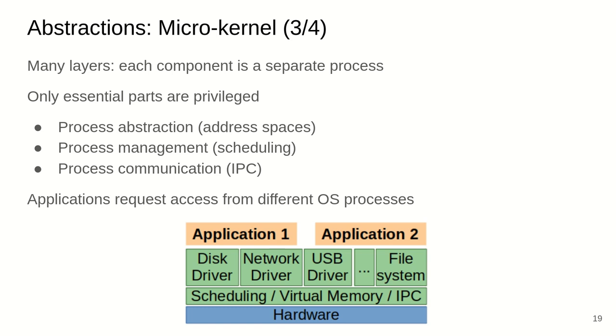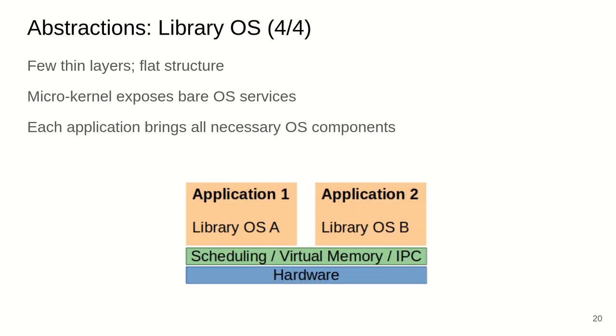and a certain cost. The last abstraction for operating system is a library OS. And here the assumption was that we follow a microkernel design where a very thin operating system exposes bare operating system services and only does scheduling, virtual memory, and IPC. And the applications then leverage a library OS to interface with these components. They get somewhat segmented hardware access as given by the scheduling, virtual memory, and IPC components by the microkernel, and therefore much higher performance, right?